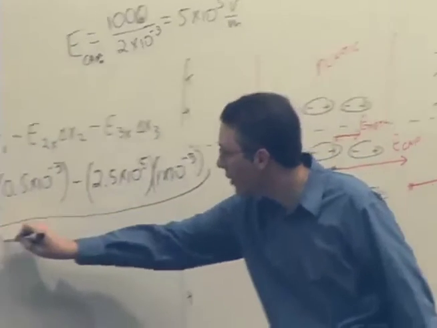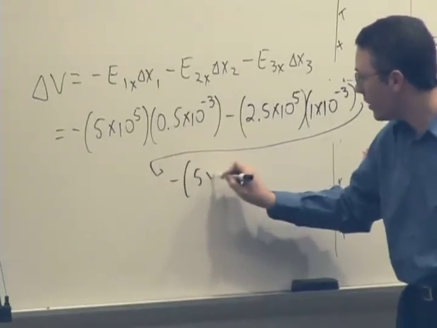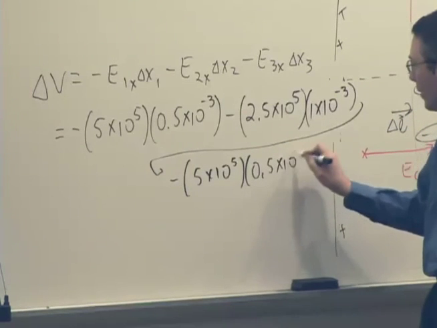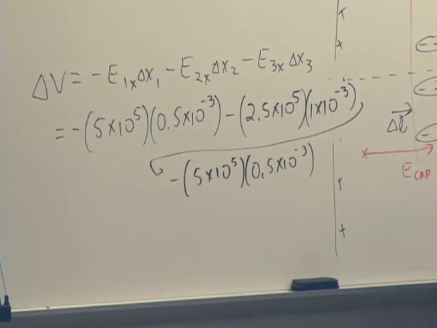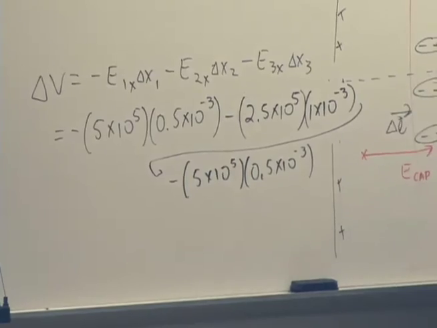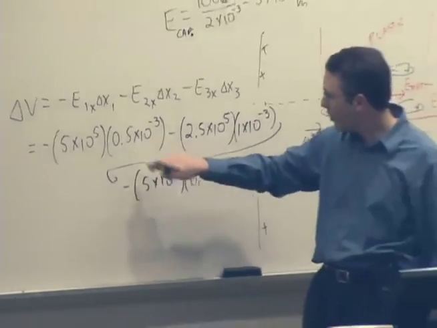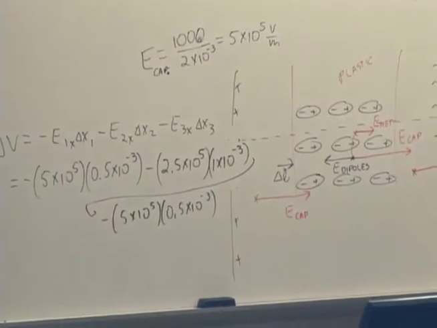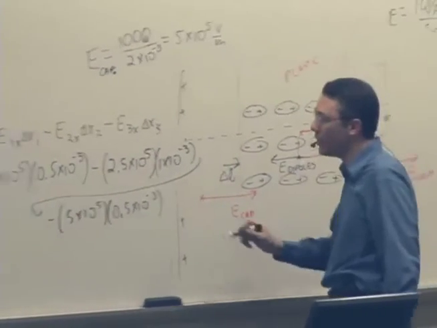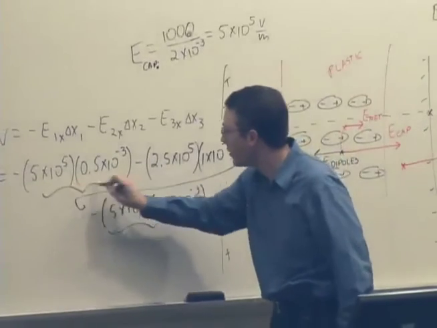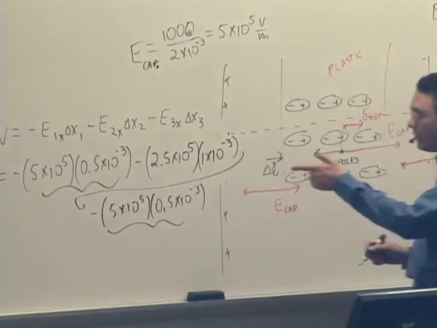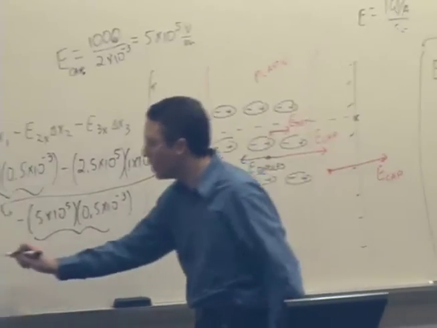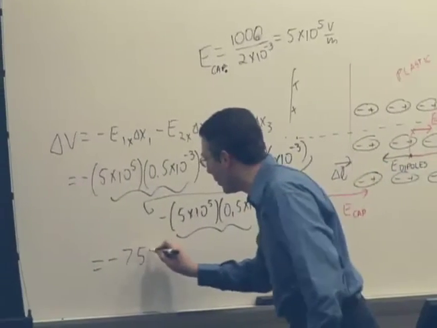Minus 5 times 10 to the fifth times 0.5 times 10 to the minus 3. Add that all together. We have 2 times this, so it's like 5 times 10 to the fifth times 1 millimeter, essentially, when you add this term and this term together. That gives you negative 500 volts minus another 250 volts, so that gives you negative 750 volts.